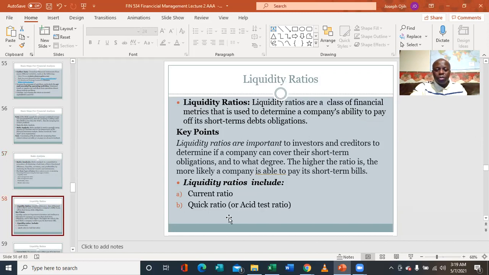Liquidity ratios. We call them liquidity ratios because they tell us the ability of a company to pay their bills. In other words, they are metrics that we use to determine if a company can pay their debts.